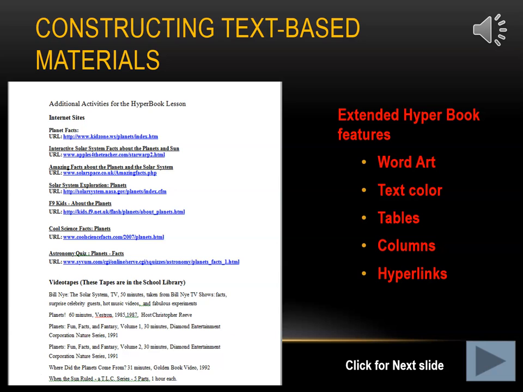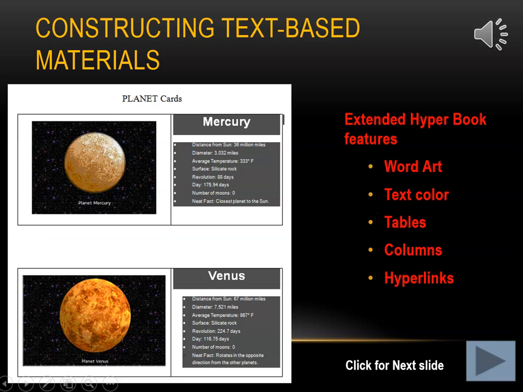All right, I want to show you one more feature that I included in the example Hyperbook that I gave you. It was an idea that an elementary teacher gave me that I think is really a great idea, regardless of what level of instruction. So let's go on to the next slide. At the end of the Solar System Hyperbook that I gave you are a series of what are termed planet cards.